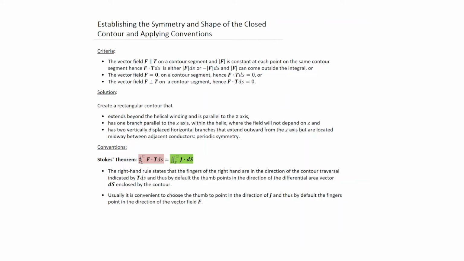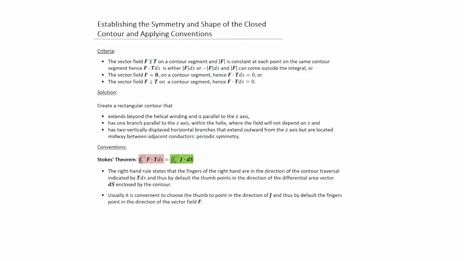Hence, F dot T ds is either the magnitude of F ds or minus the magnitude of F ds, and the magnitude of F being constant comes outside the integral. Or the vector field F equals 0 on a contour segment, and hence F dot T ds equals 0. Or thirdly, the vector field F is perpendicular to the tangent vector T on a contour segment, hence F dot T ds equals 0.